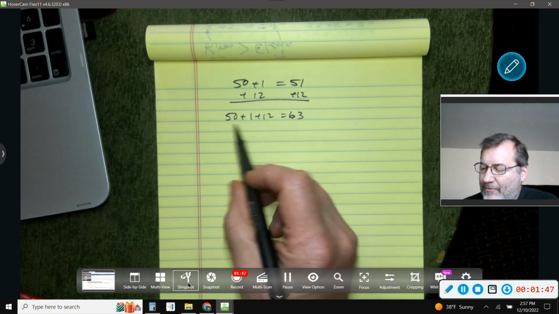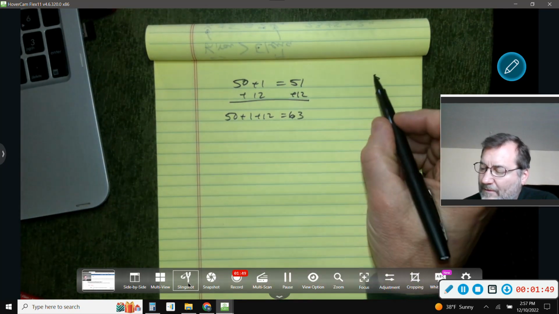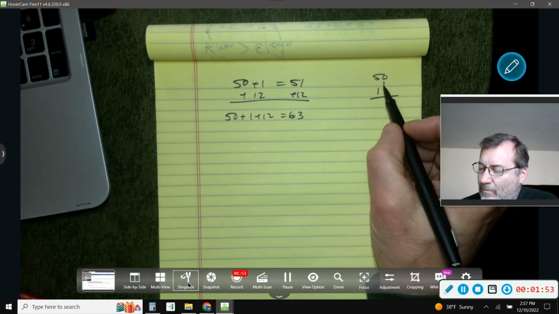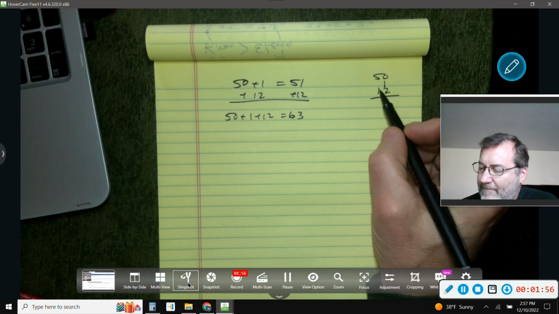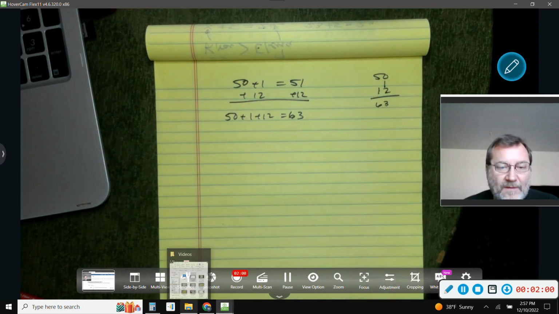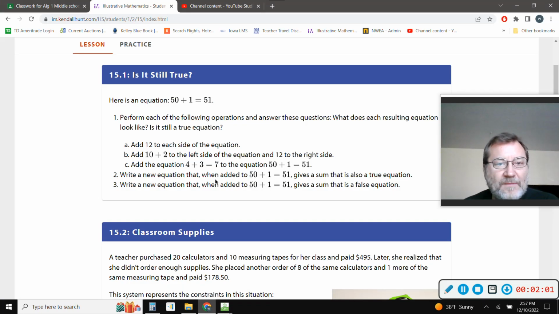And we can go through and add these up if you want, and we can look at 50, a 1, and a 12. So 2 and 1 is 3, 5 and 1 is 6, so yeah, 63 equals 63. We can go back and look at this. It says add 10 plus 2 to the left side and 12 to the right.